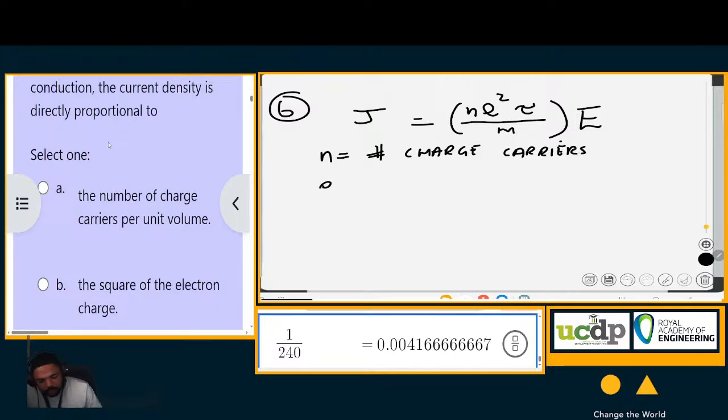This is the square of the electron charge, or I should rather just say e equals electron charge.